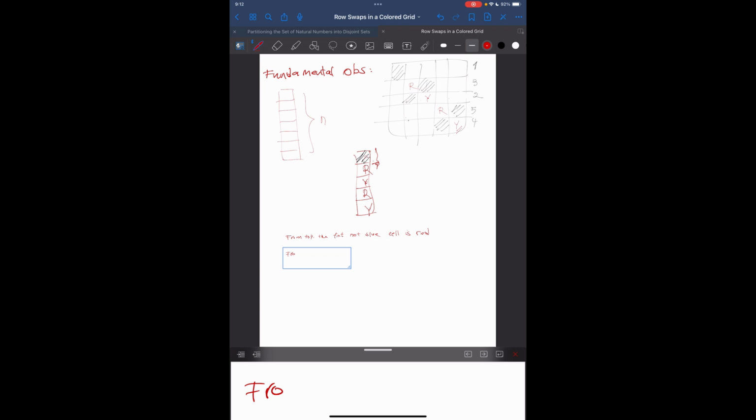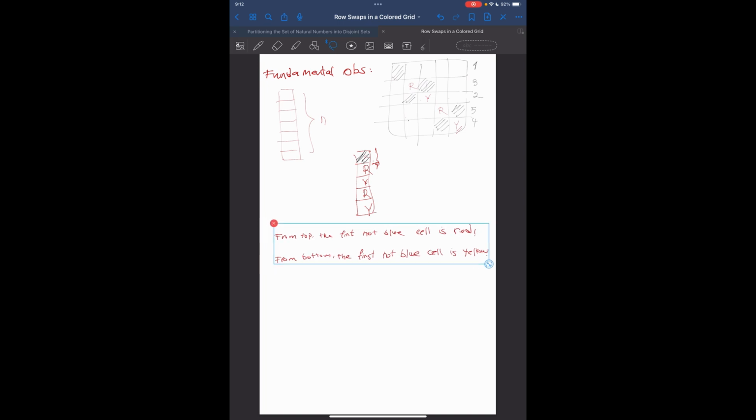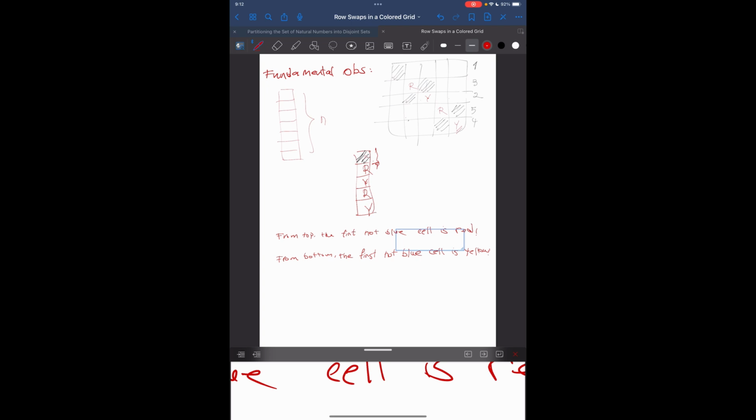From bottom, the first not blue cell is yellow. Why is that true? Okay, let me just show the first argument. The second argument follows immediately. It's similar, all right?